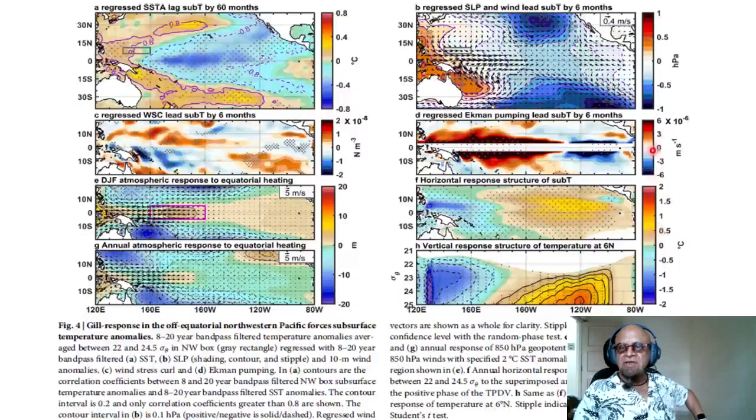You can see the Ekman pumping in meters per second, sea level pressure in hectopascals, again SSTA and subsurface temperatures, SSTA in degrees centigrade, wind stress curl in Newton per meter cubed, and this is the atmospheric response in equatorial heating in terms of meters.